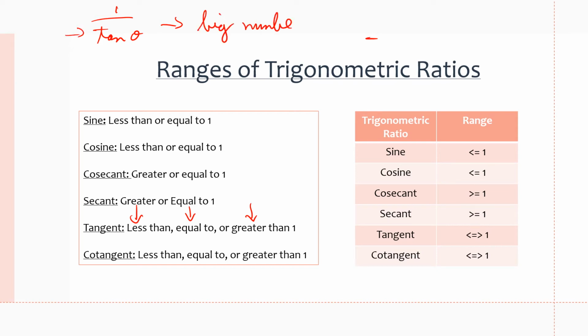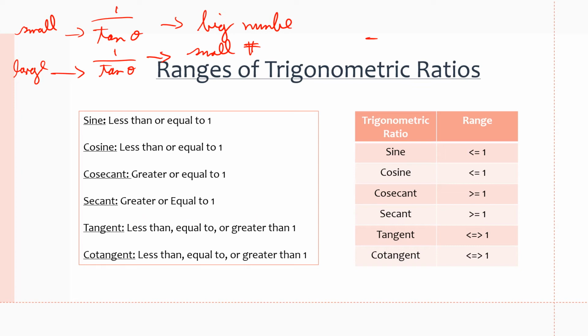If we have a large number, greater than 1, the reciprocal of this is going to be a small number. Or if it's exactly 1, we're just going to get 1. So it's exactly the opposite for cotangent, so it's going to be the same range.